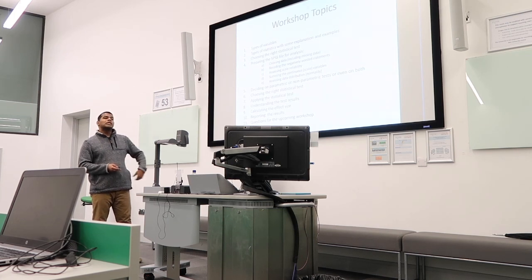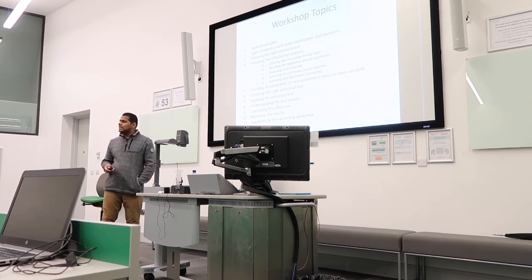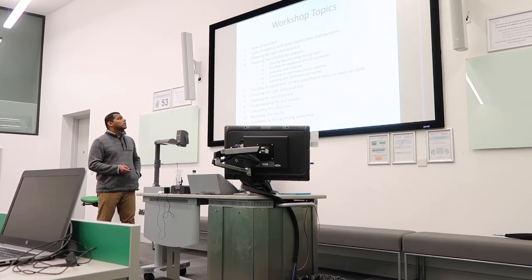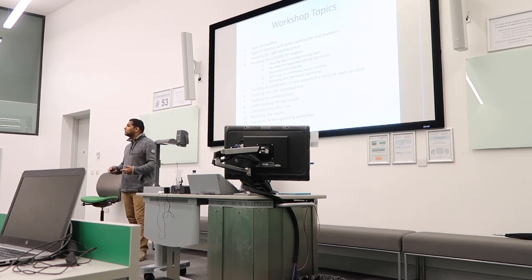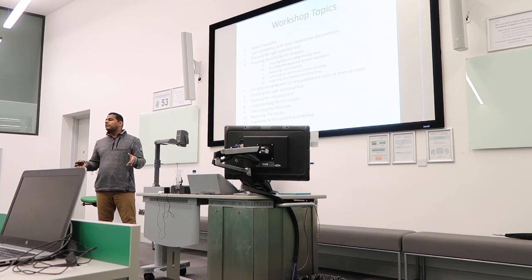This will also lead us to choosing the right statistical test. Then we come to preparing, before we carry out or execute any statistical test, we need to prepare or qualify the SPSS data file for the analysis.